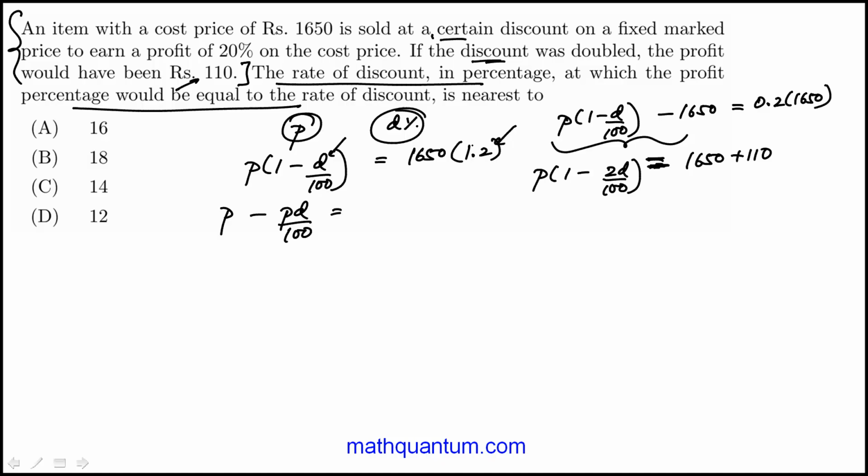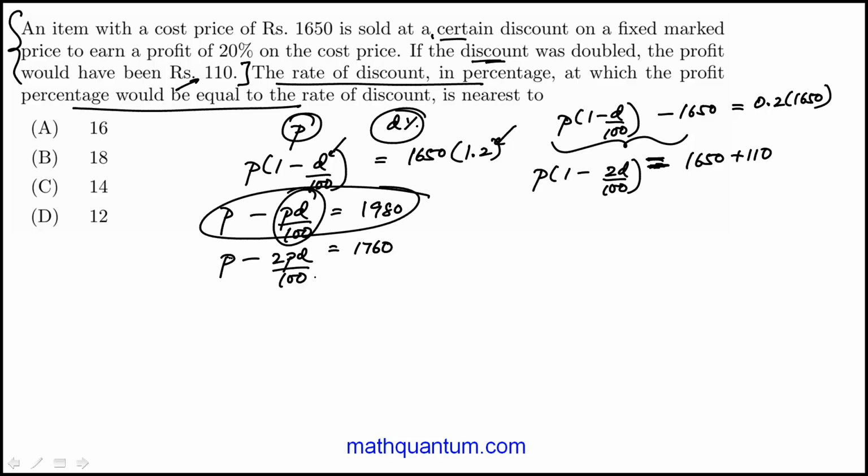And I'll use the calculator here, 1650 times 1.2, which is 1980. And this is P minus 2PD over 100 is 1760. So I'm going to try to get rid of this piece here, so I'll double that: 2P minus 2PD.